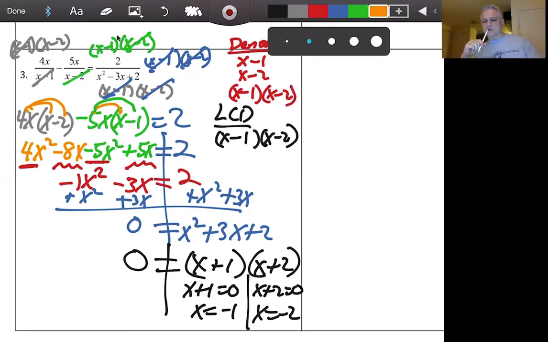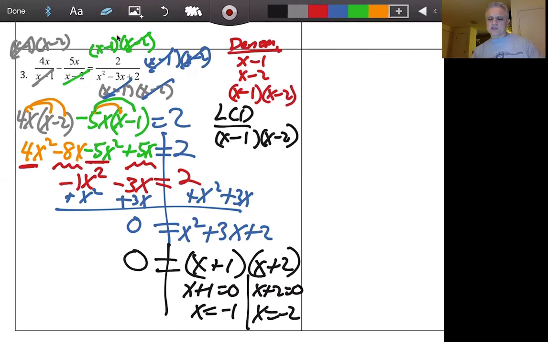Next thing we're going to do is go back to the beginning, look at the denominators, and see what can x not equal. Okay. What could x not equal? Well, for x minus 1, it doesn't equal 0, because that's a denominator, we got to say the denominator can't equal 0, then we know that x can't be positive 1.